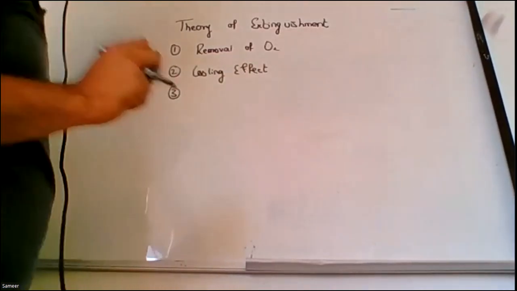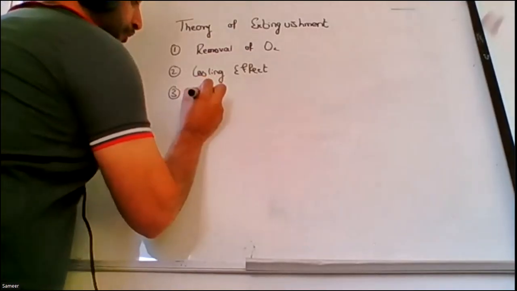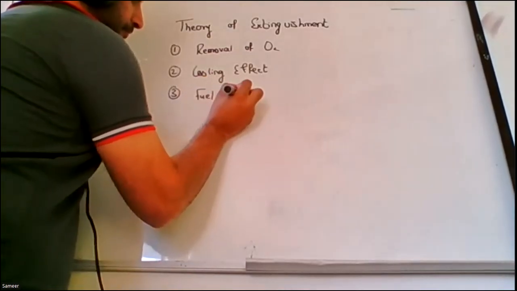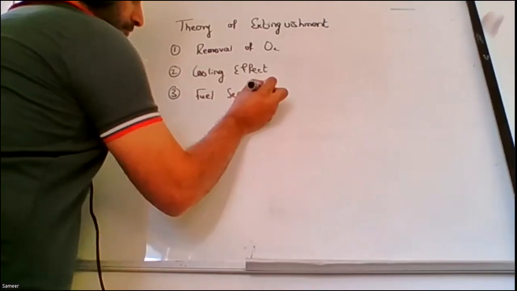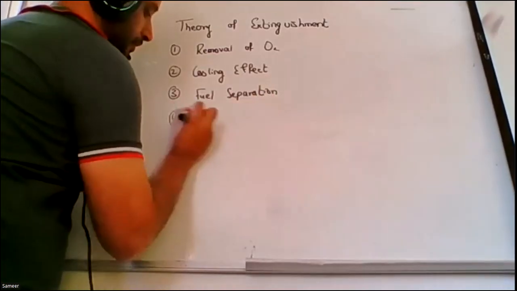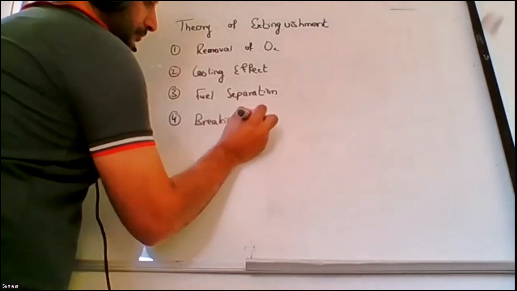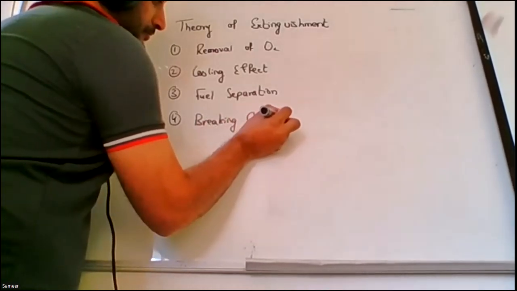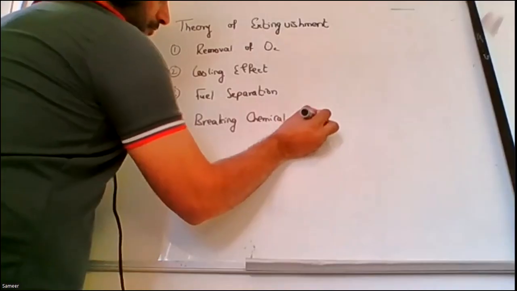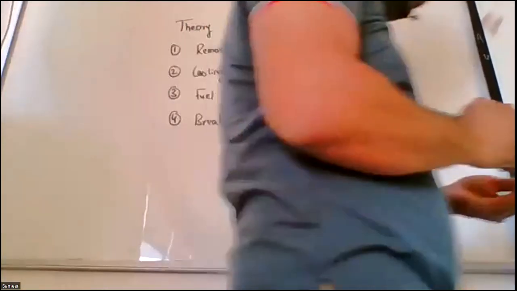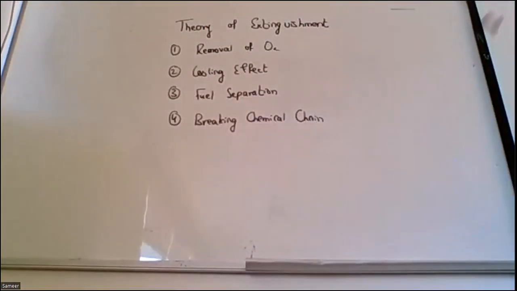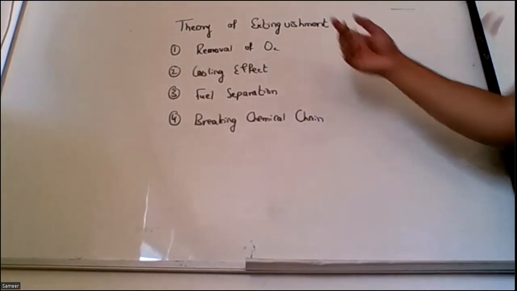Third, fuel separation. Fourth, breaking the chemical chain. In these four ways, we can provide extinguishment.